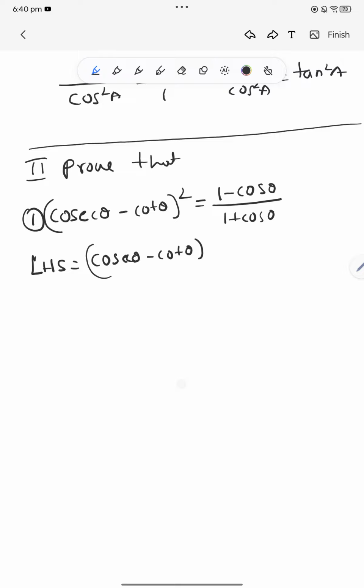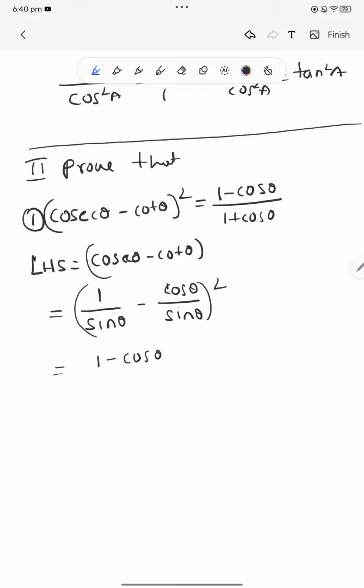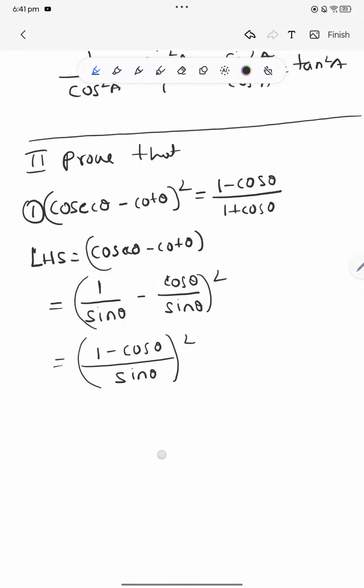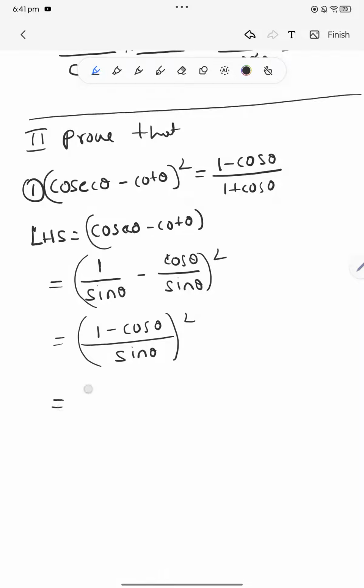Now what to do here? Let us take reciprocals: (1 by sin theta minus cos theta by sin theta) whole square. So the LCM gives (1 minus cos theta) divided by sin theta, whole square. From this we can write (1 minus cos theta) whole square over sin square theta.